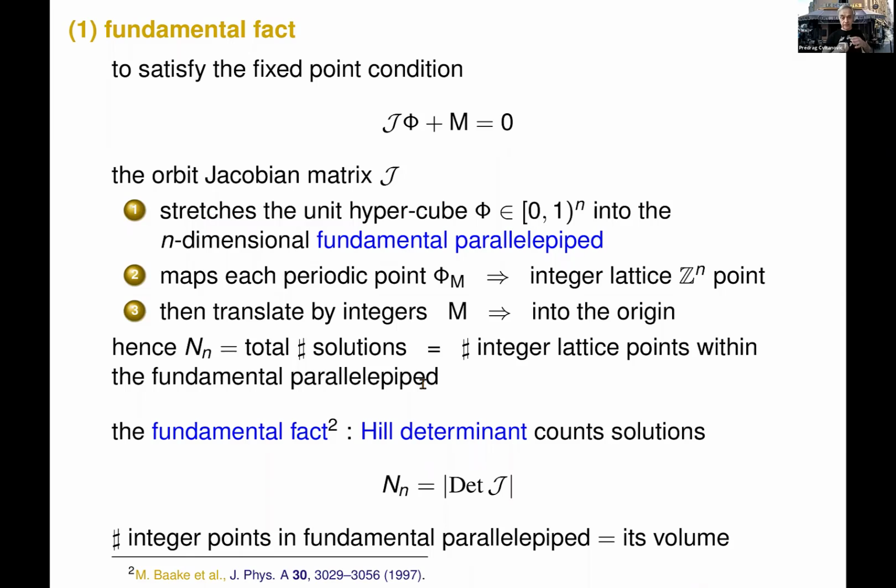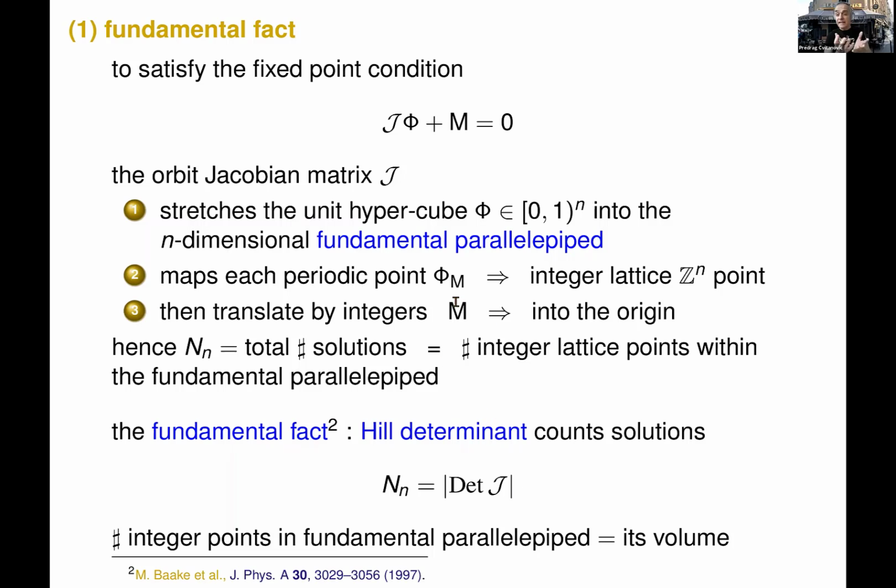So it turns out the number of solutions is the number of integer lattice points within a fundamental parallelepiped. And now comes the fundamental fact. If you take the determinant of this orbit Jacobian matrix, I'll call it the Hill determinant unless somebody teaches me something else, the Hill determinant counts the number of the solutions.